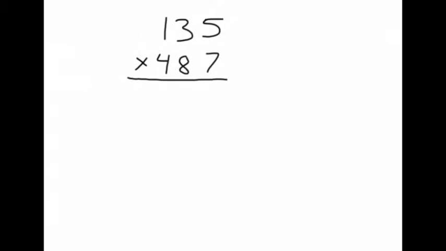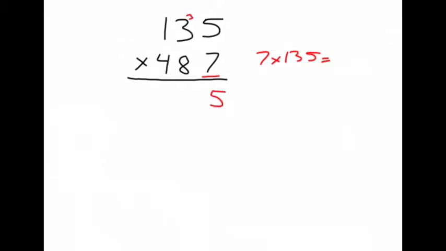Okay? So I'm first going to look at the ones, and I'm going to color code this just to keep it separated. There's a 7 in the ones place, so I'm going to multiply the 7 times 135, which essentially comes from the distributive property. 7 times 5 is 35.